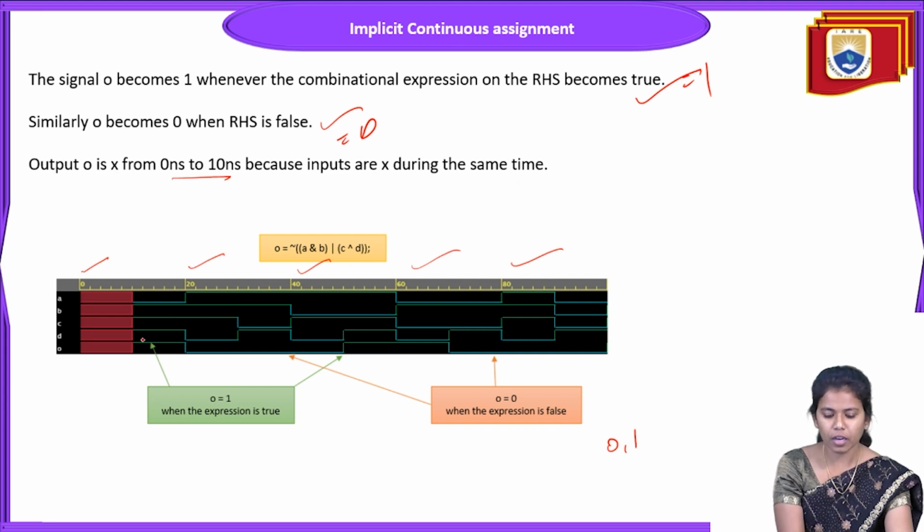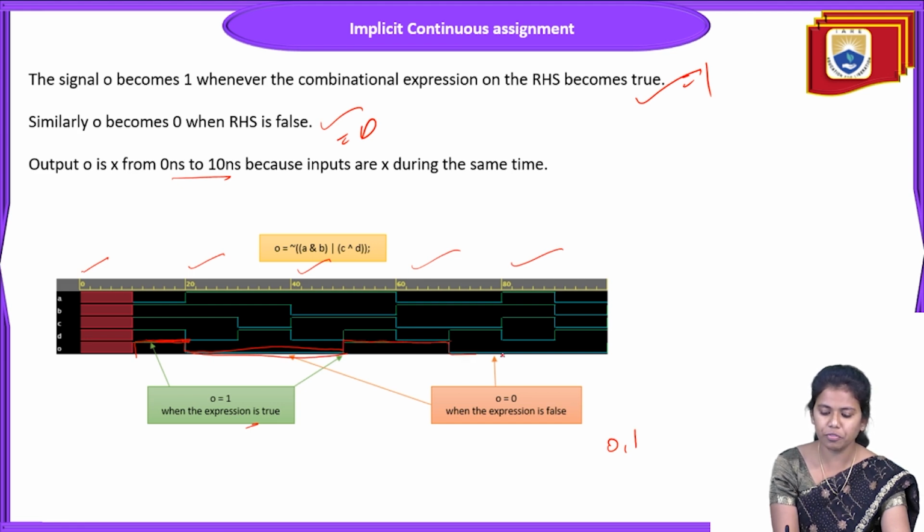If you see, when the expression is true, it rises up. And when it is 0, it falls and stays constant. And then again if it is 1, it rises, and if it is 0, it falls down.